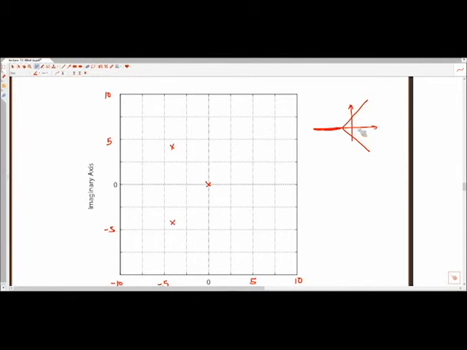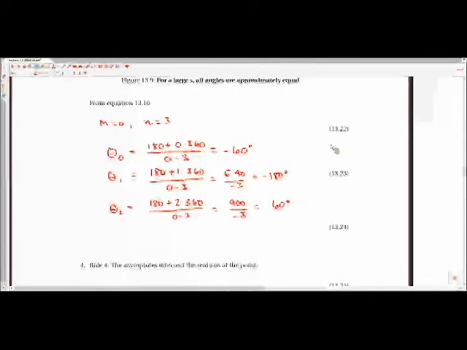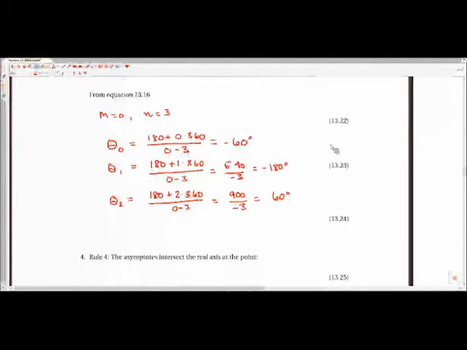And so the other thing to point out here is you may notice a pattern, that basically these angles are a function of the difference between the numbers of poles and zeros. Okay, so if n minus m is equal to 1, I'll just draw a bunch of these coordinate systems here.